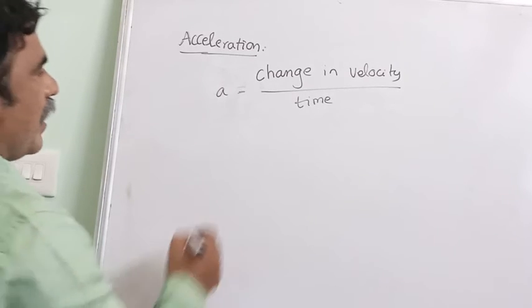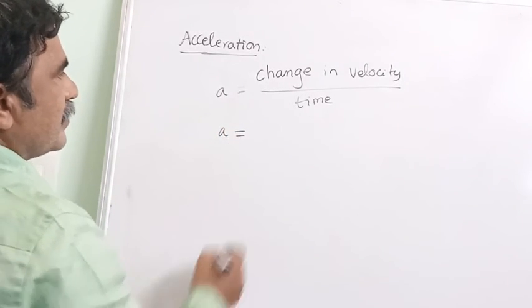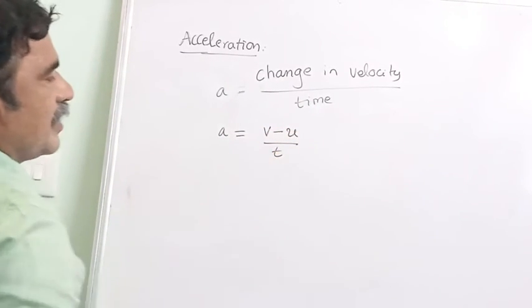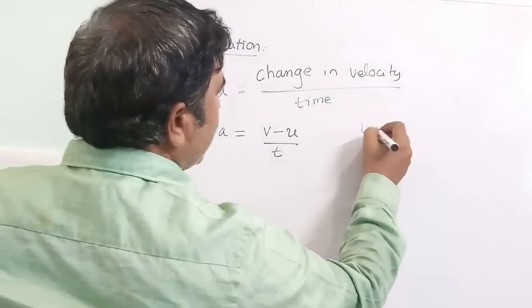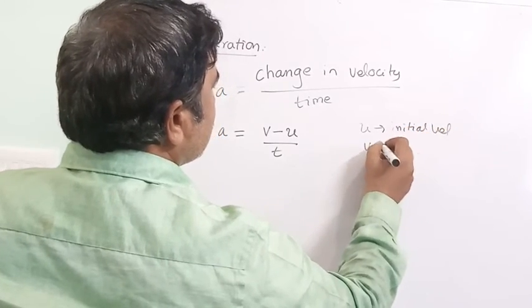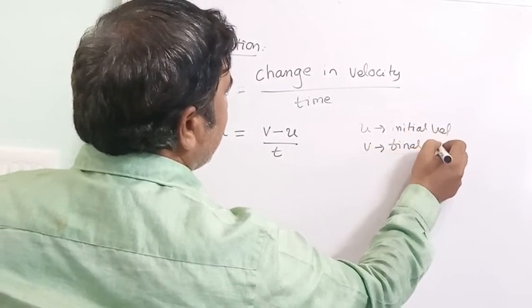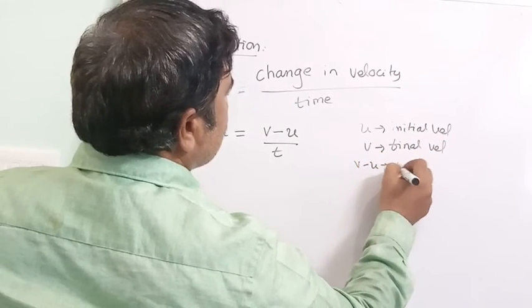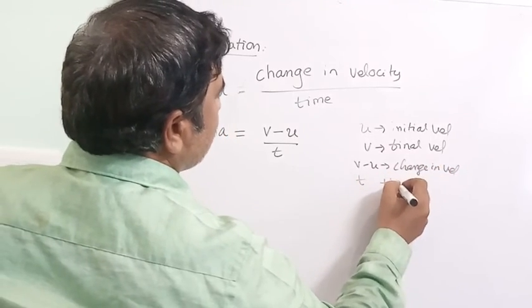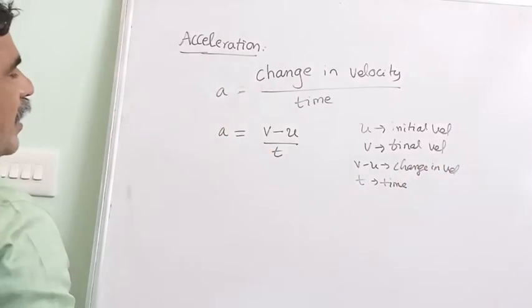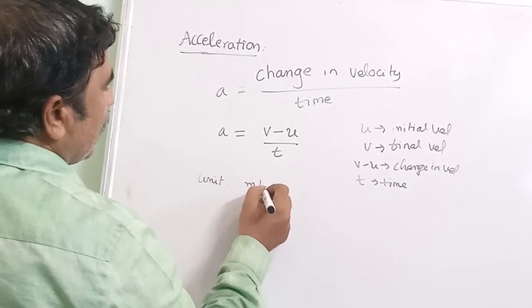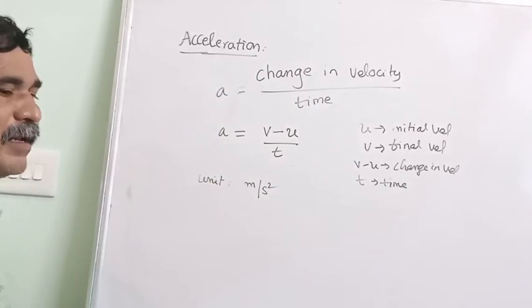The formula: if u is initial velocity, v is final velocity, v minus u is the change in velocity, t is time, then the formula is a is equal to v minus u by t. The unit of acceleration is meter per second square.